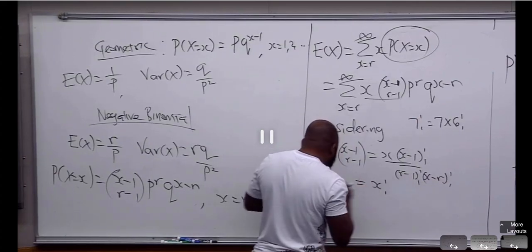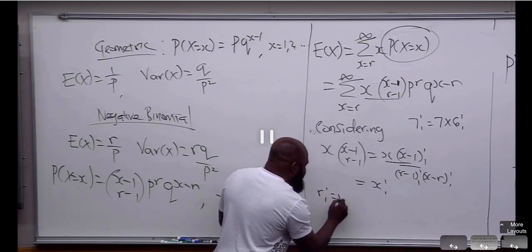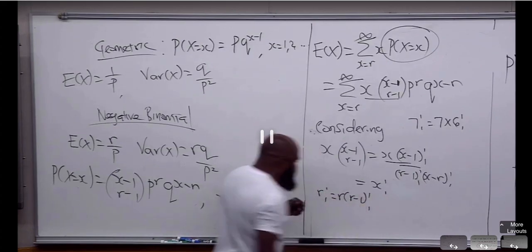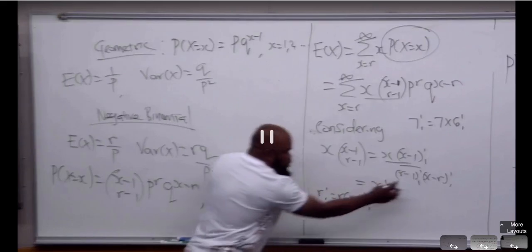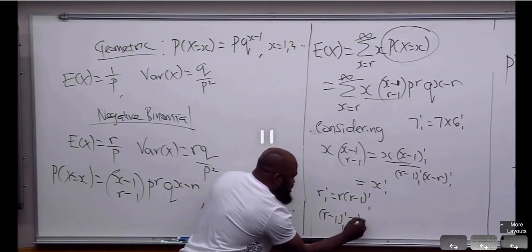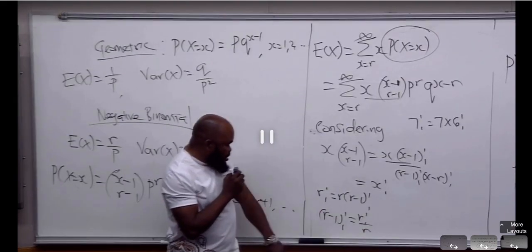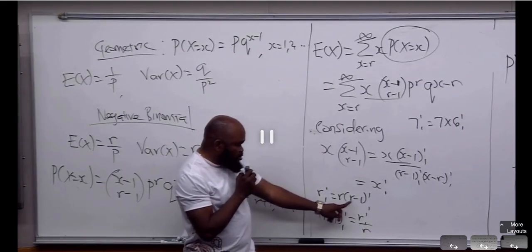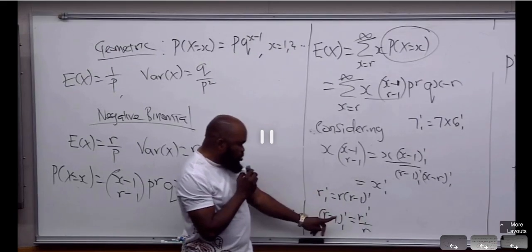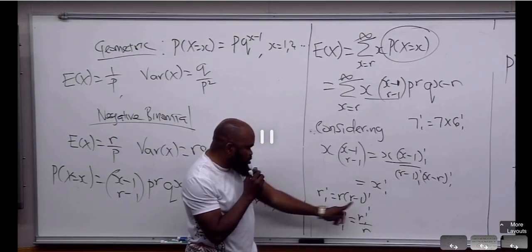Consider, r factorial is r into (r minus 1) factorial. Then we want to substitute for this. (r minus 1) factorial is going to be r factorial over r.